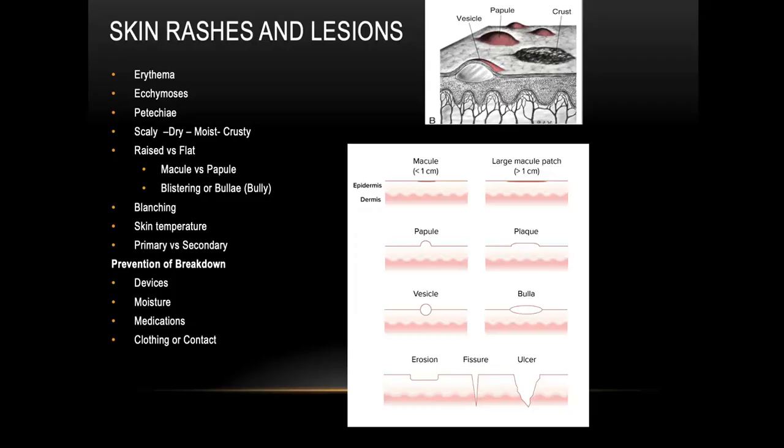When you hear me say lesions and rashes, a rash is when the distribution spreads. We say, oh, you have a rash because it's spreading. But sometimes people can have just one lesion, one papule. Usually, though, if you have something that's affecting the skin, it will spread. Where it spreads and how vast it spreads depends on the pathogen.